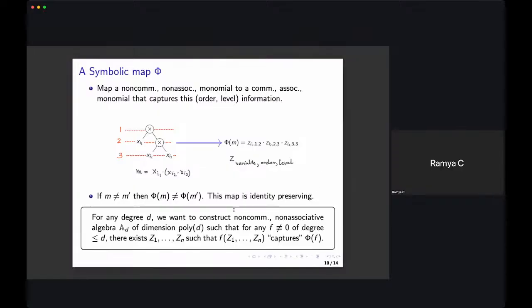We needed to construct an algebra such that if you take any non-commutative non-associative polynomial f of low degree, you can always find some evaluation points in the algebra such that f does not vanish on them. So if these evaluation points and the product operation of the algebra somehow capture this symbolic map, then since f is not identically 0, you know that phi of f cannot be identically 0 because this map is identity preserving, and then this evaluation will not be identically 0. But this is if everything works out.